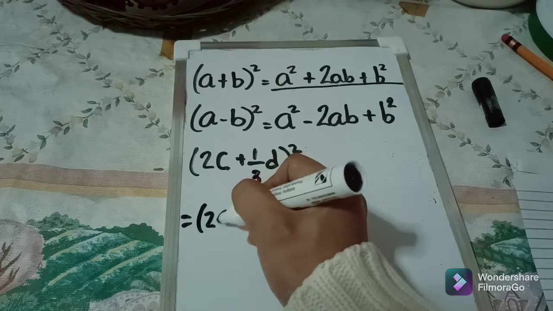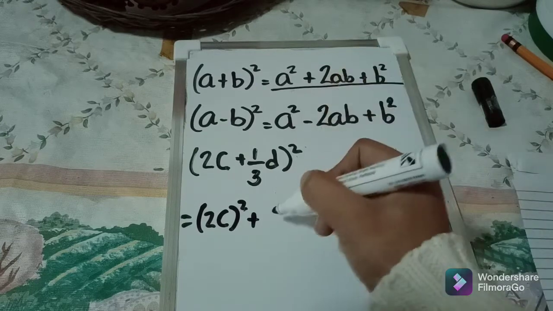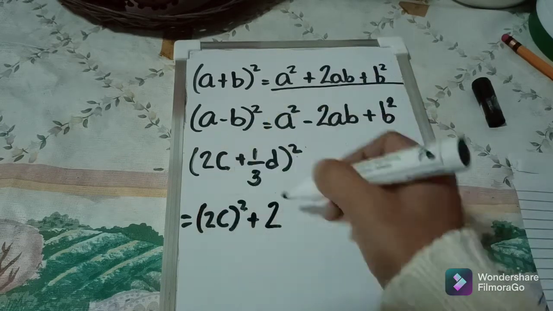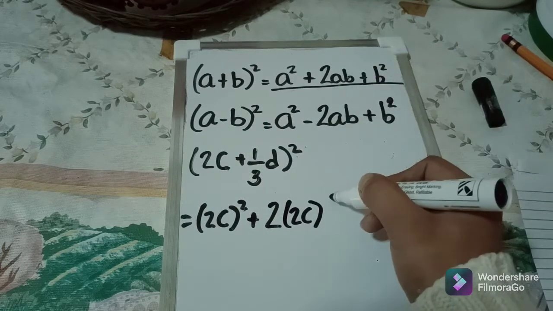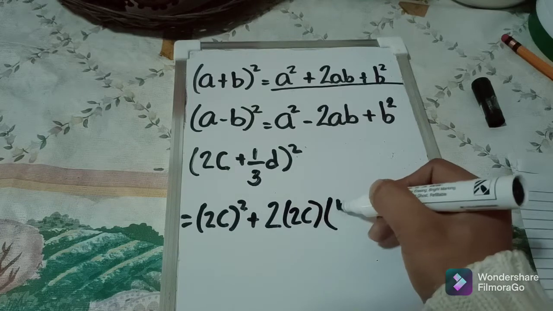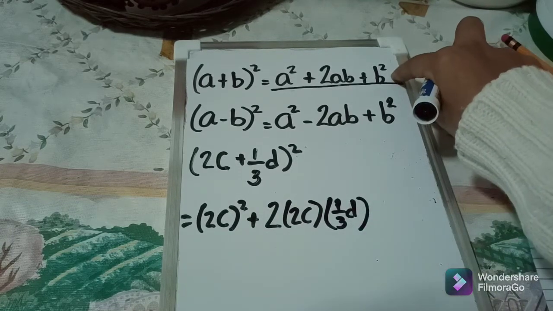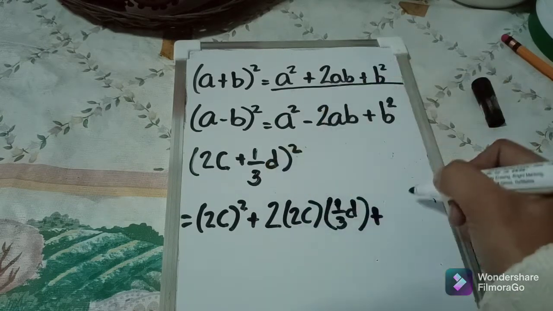So, 2c square plus 2ab. Sulat muna natin yung 2. Ang a natin is ito. Okay? So, 2c. b, ito ang b natin. 1/3 d plus b squared. Saan ang b natin? Ito.